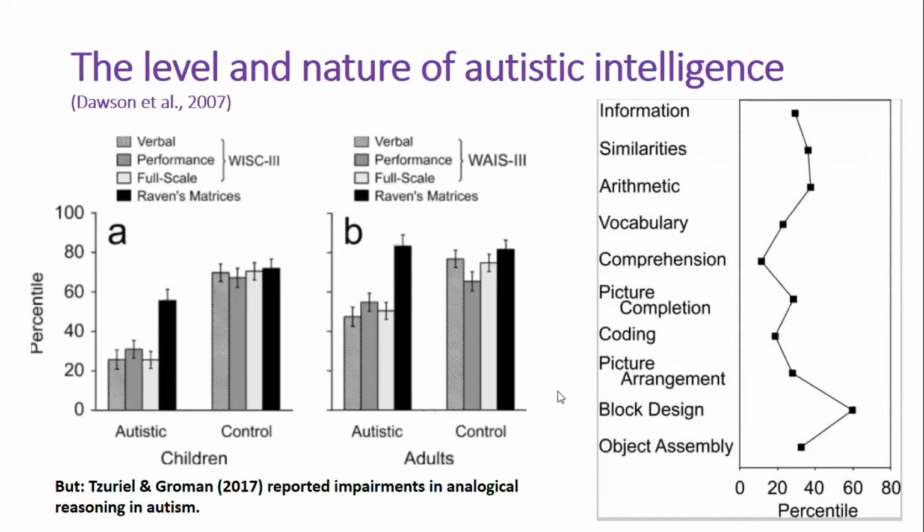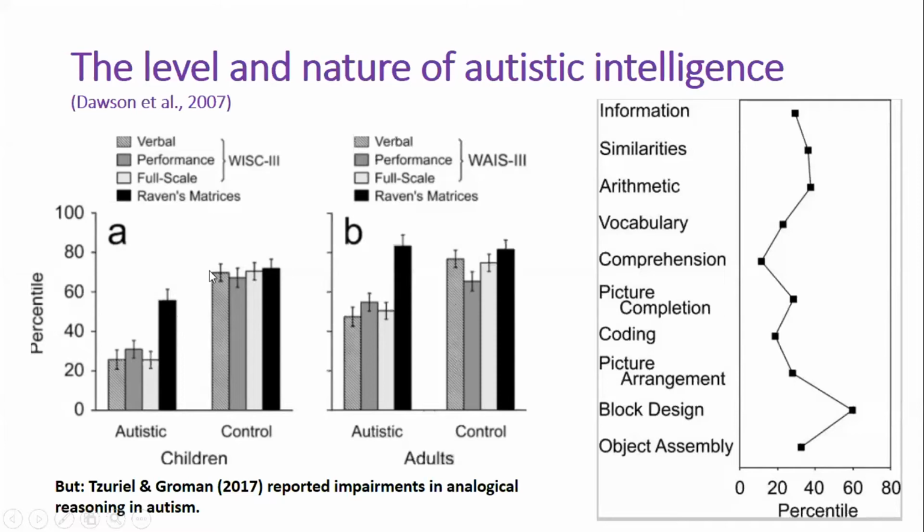Also, there was another very interesting study. We looked at the level and nature of autistic intelligence. And so what you see in these graphs is performance of autistic children and adults on different types of intelligence measures. So you see performance of the same group of participants on verbal and performance intelligence measures, so based on the Wechsler intelligence scale, their full scale IQ, and Raven's matrices IQ.